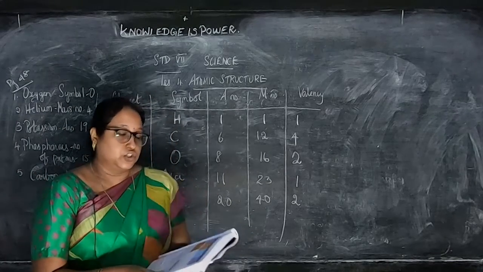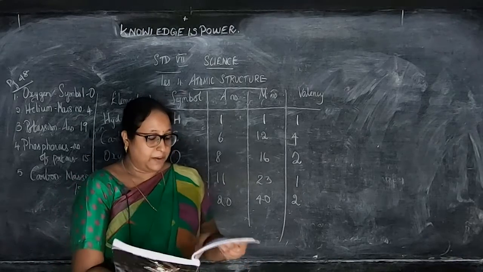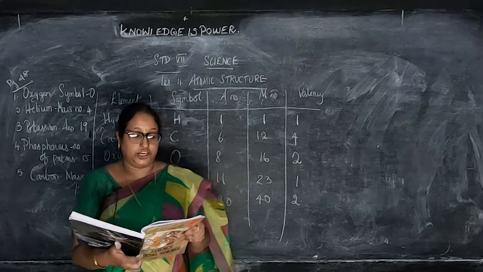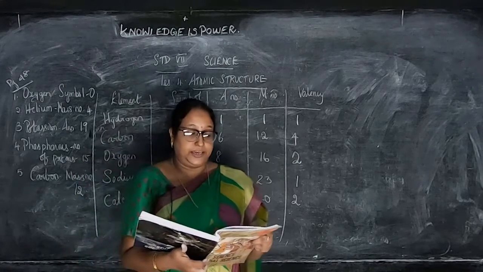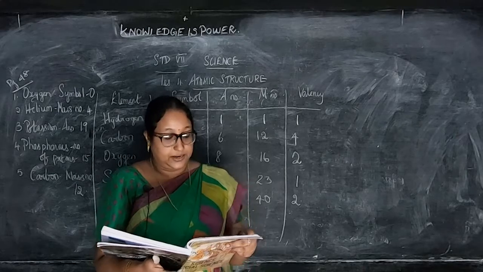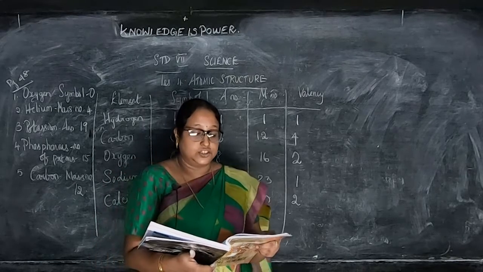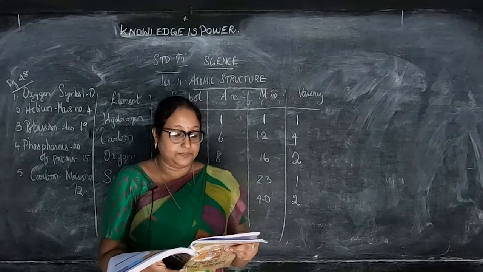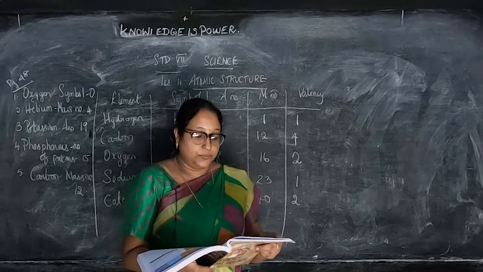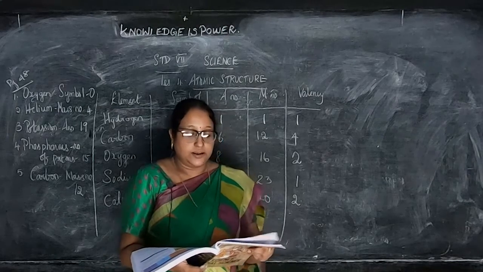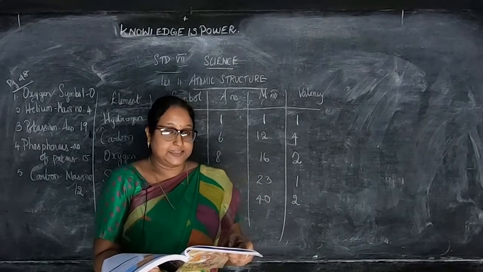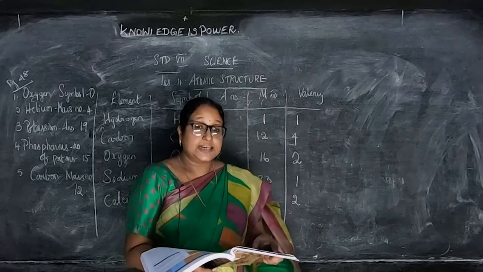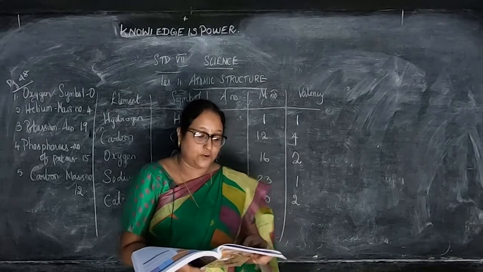Okay children, above that you can find a chart there: hydrogen H, helium He, lithium Li, beryllium Be, boron B, C carbon, N stands for nitrogen, O oxygen, F fluorine, Ne neon, Na sodium, Mg magnesium, Al aluminium, Si silicon, P phosphorus, S stands for sulfur, Cl chlorine, Ar stands for argon, K potassium, and Ca stands for calcium.